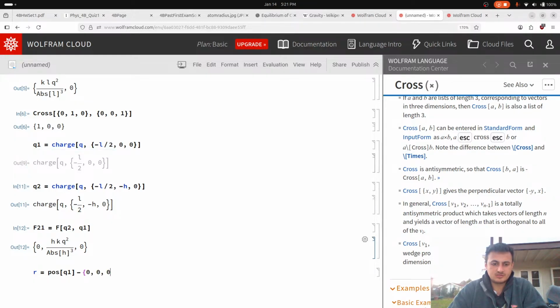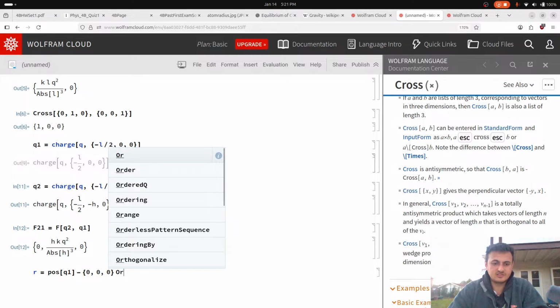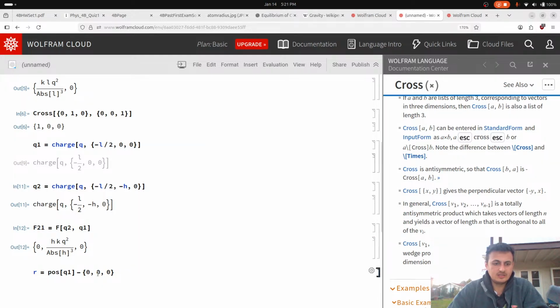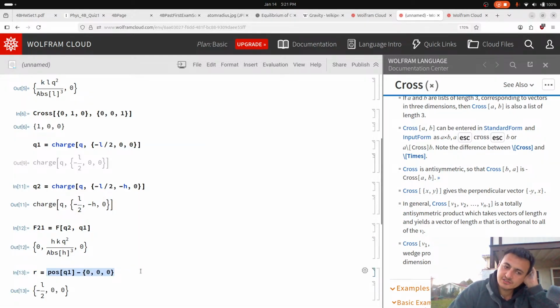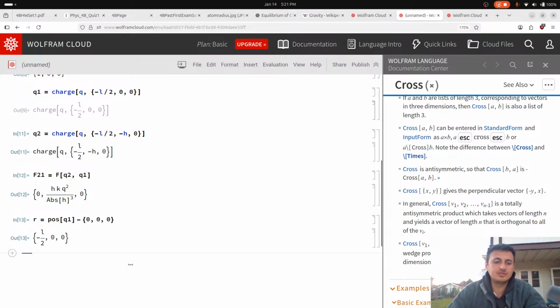Let's just do this. Is there an origin? I don't know. Obviously you don't really need to do this if it's 0, 0, 0, but I want to do it. All right, so now we can do cross R, F21.